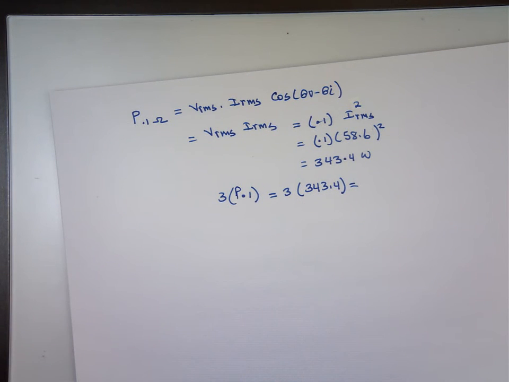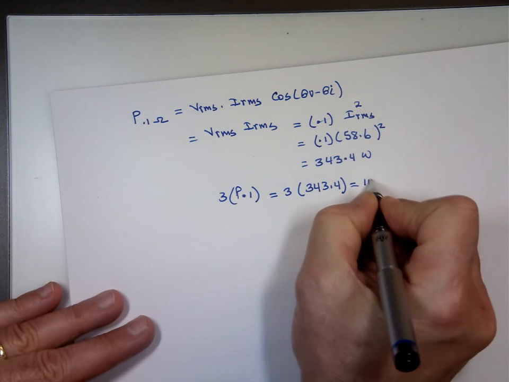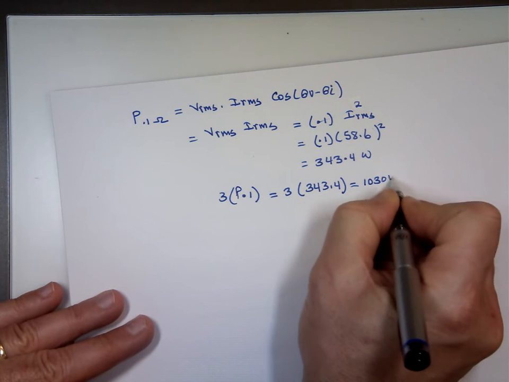Oh, I get a syntax error, or I did the multiplication twice. Okay, 3 times, and that's 1,030 watts. What about the 1 ohm resistor?